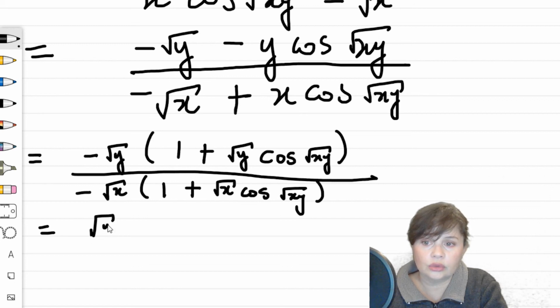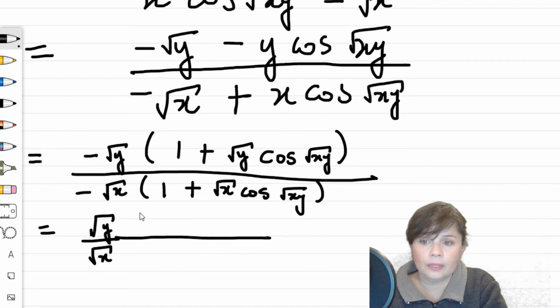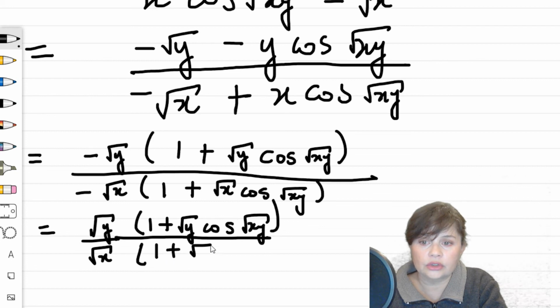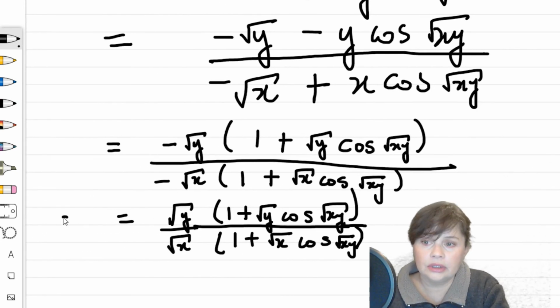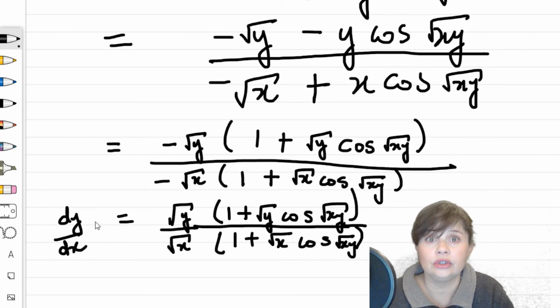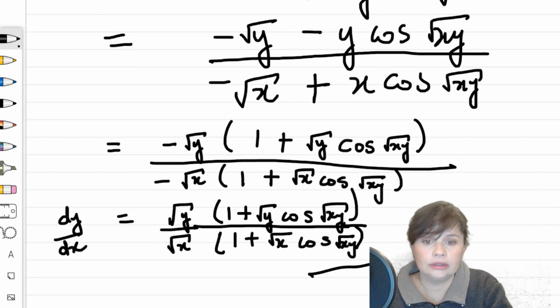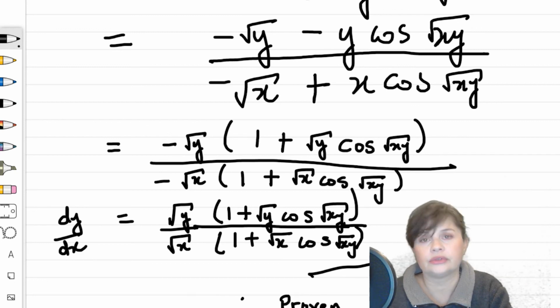So you've got square root y over square root x times 1 plus square root y cos square root xy over 1 plus square root x times cos square root xy. Right? And that is our derivative, which is exactly what they've asked you to do in your question. So that is the answer, and you say, therefore, it is proven.